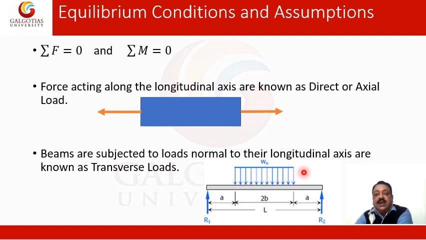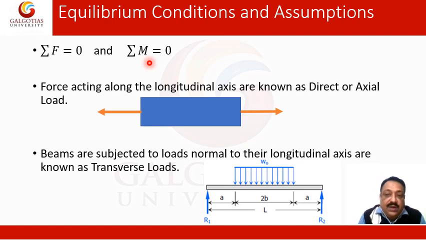And hence, generally beams constitute a coplanar non-concurrent force system. For such a force system, we already know the equilibrium condition from engineering mechanics is that summation F should be equal to 0 and summation M equal to 0.